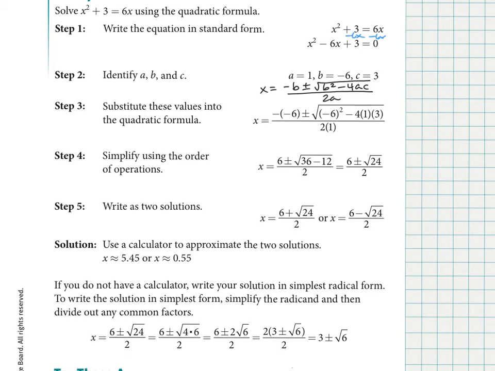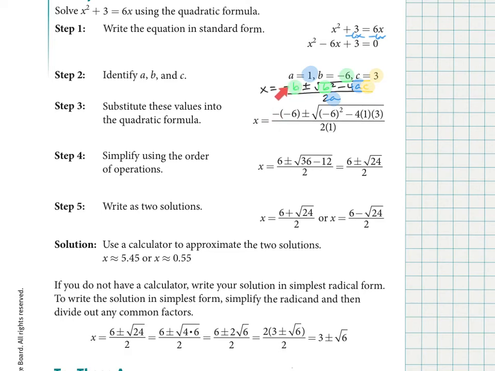We're going to put 1 in for our a spot. We're going to put -6 in for our b spot. And then we also have our c value of 3. We're going to put that into the c spot.